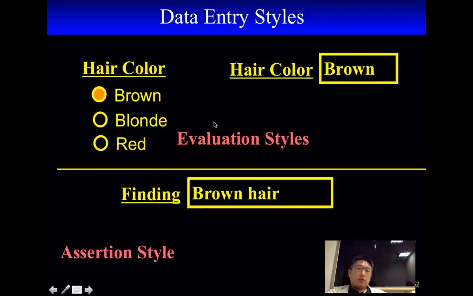But again, we encourage the evaluation style, because for system design, for the computer to execute the logic, the evaluation style is better. Unless there's no way to do the evaluation style, like diagnosis and communication, then you choose the assertion style. Otherwise, it's better to do the evaluation style.